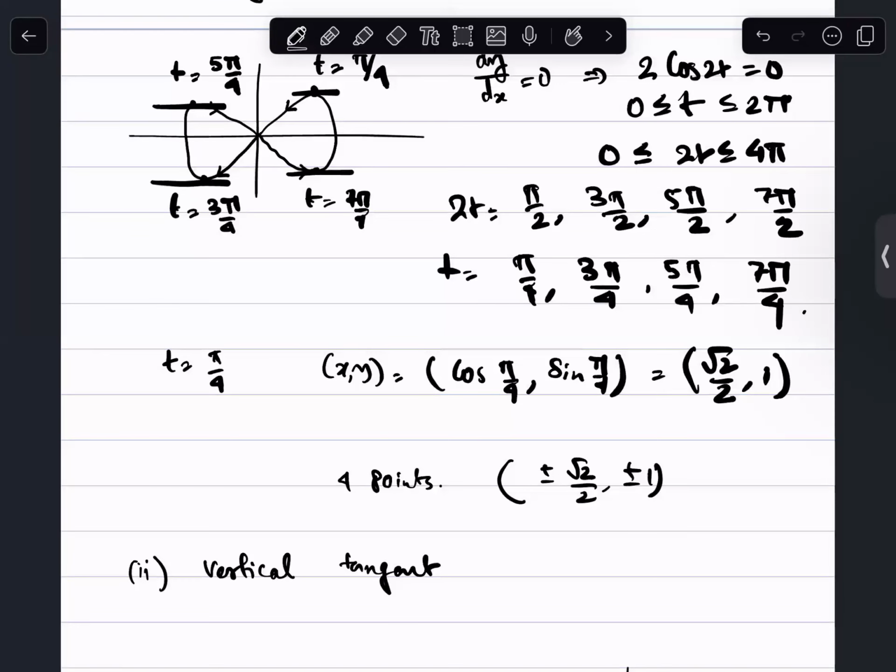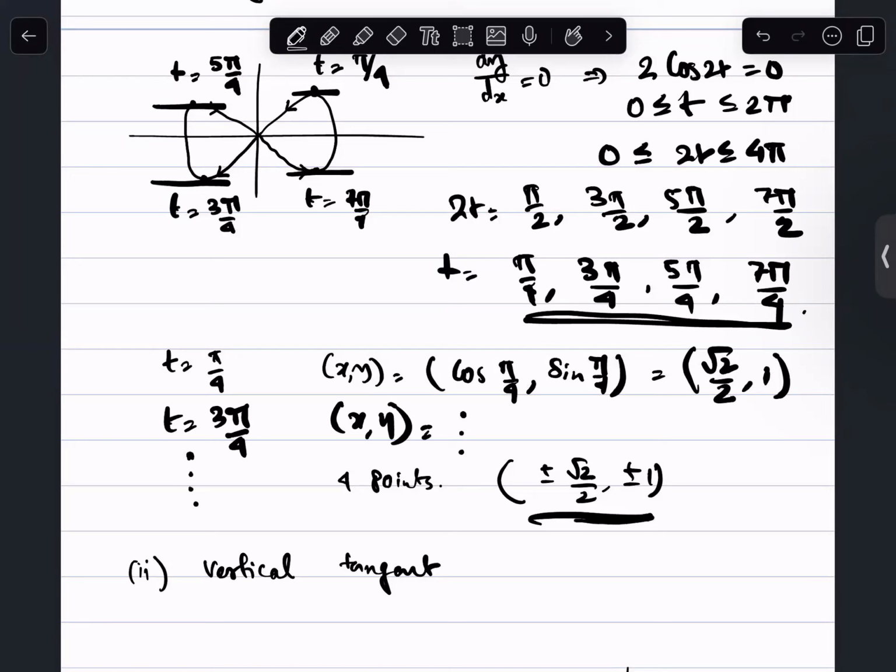And similarly, I can evaluate all those x, y's for different values of t, I mean, these 4 values of t. And I can continue doing this, and I'll get at the end 4 points which are of this form. Okay, cool.